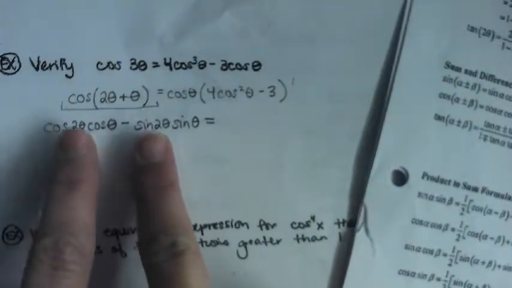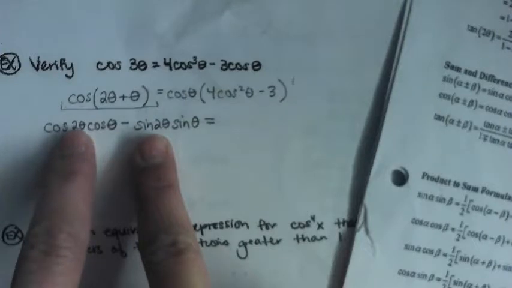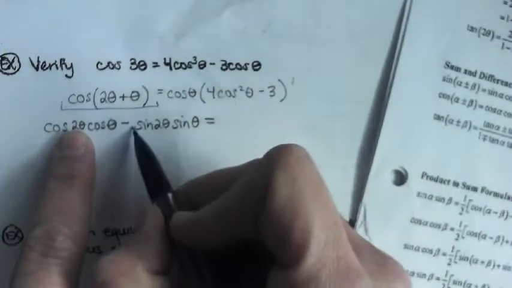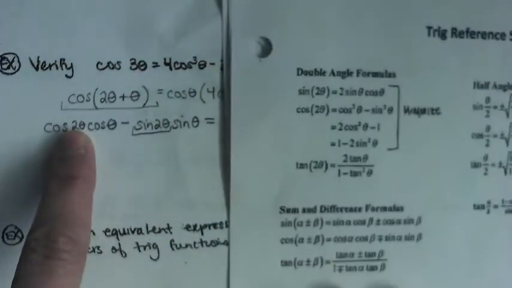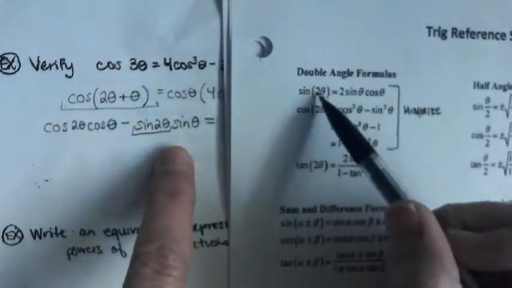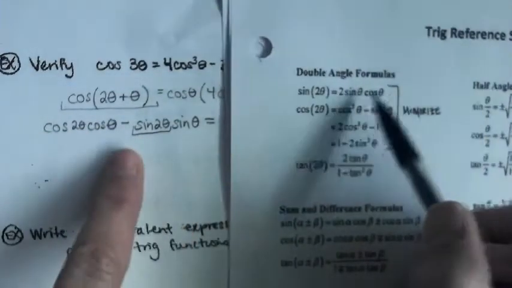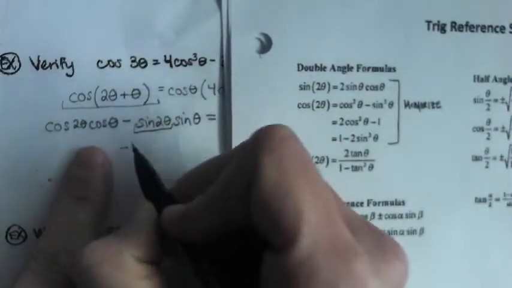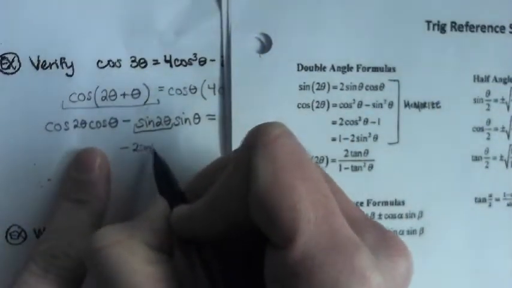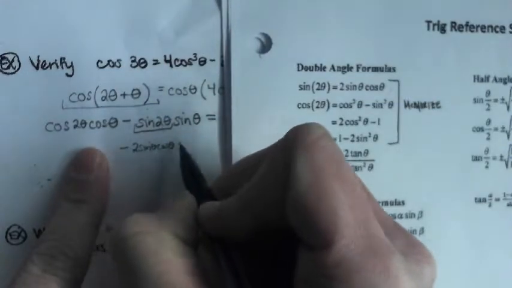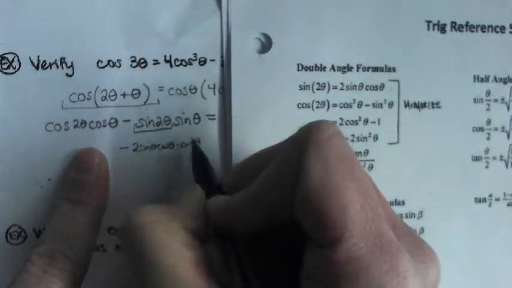Yeah, you can use your double angle formula not just on the cosine 2 theta, but also on the sine 2 theta. Now, on the sine 2 theta, we don't have an option. There's only one formula for the sine of 2 theta. So I'm going to replace that with minus 2 sine theta cosine theta times the sine theta that was already there.